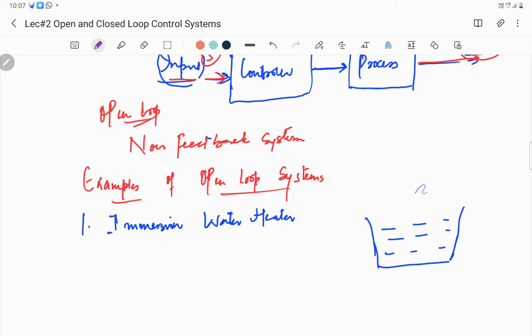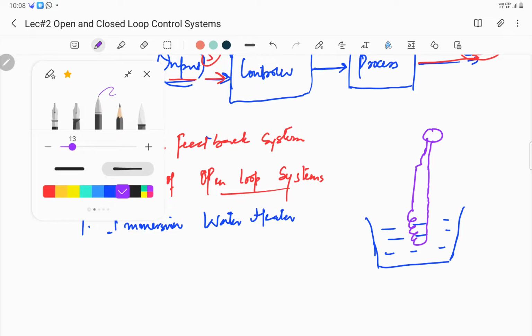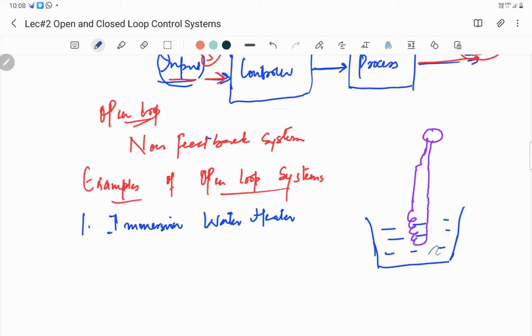An immersion rod is basically a metallic coil used for heating water. So we have a bucket full of water and we have an immersion rod.